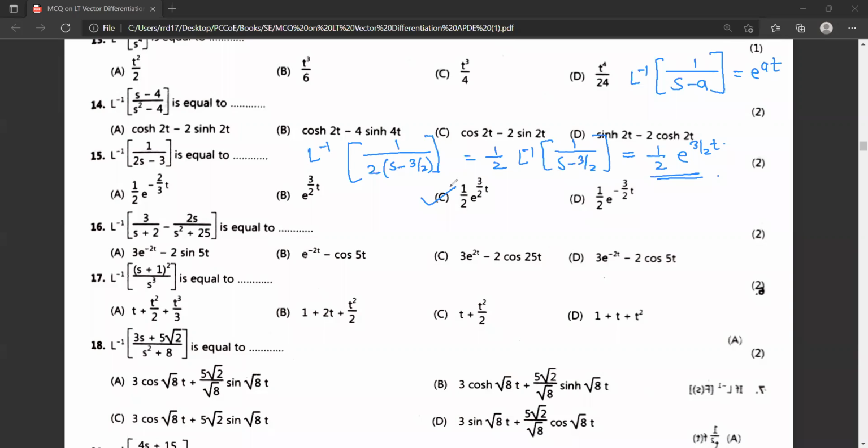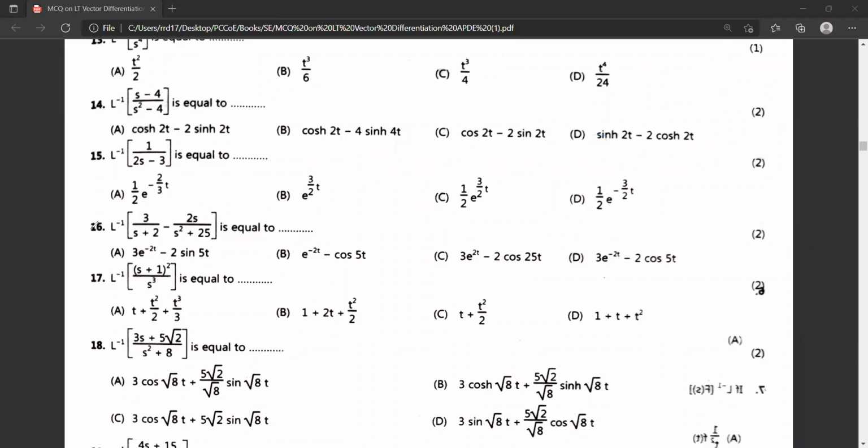All right. Now let's look at this 16th one. This is very easy again. Now what do we expect? Just separate the terms. We'll be getting 3 times Laplace inverse of 1 upon s plus 2, minus, taking 2 common in the bracket, Laplace inverse of s upon s square plus 5 square.